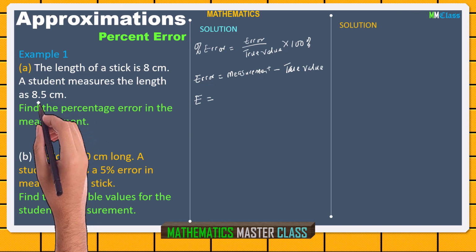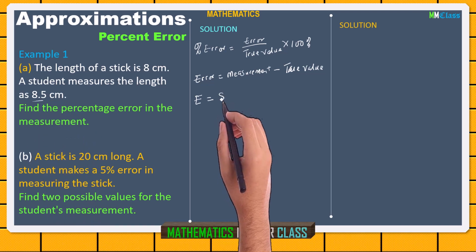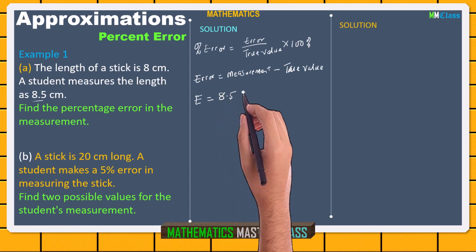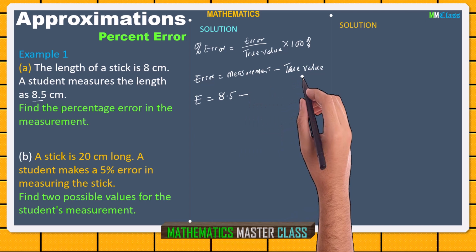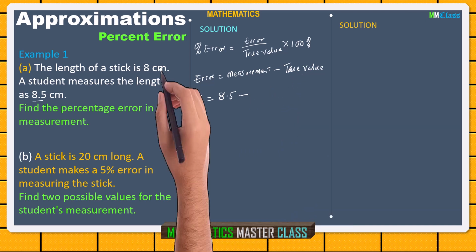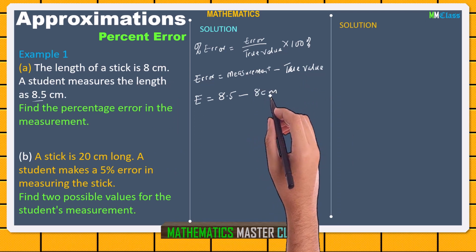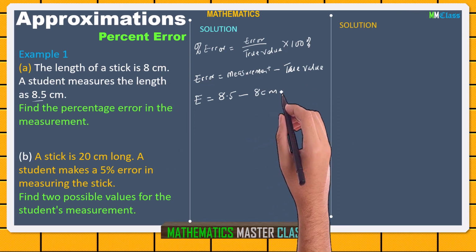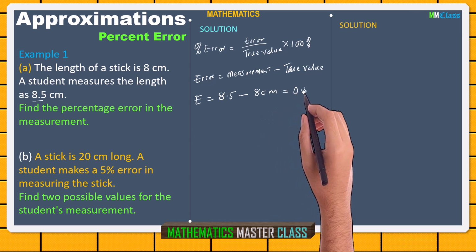So this is what the student measured, 8.5. So that is the measurement. We have 8.5 minus the true value, the true length. The length of a stick is 8 centimeters. So that is the true length. So we have 8 centimeters, and this will give us 0.5.